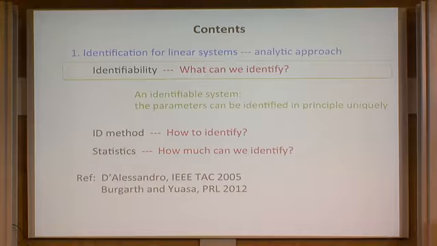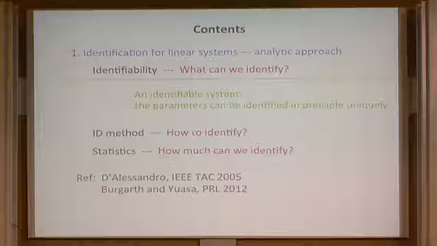Precisely, this is a waste of time, because the parameter should be identified uniquely. Otherwise, we shouldn't discuss statistics or any kind of method. So this is a very important first step of the system identification procedure. The idea was already given in a different context by D'Alessandro and Daniel 2 years ago.